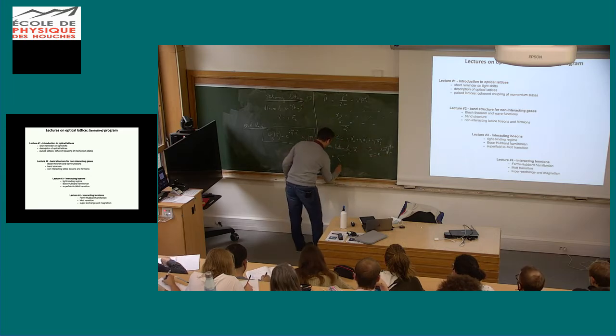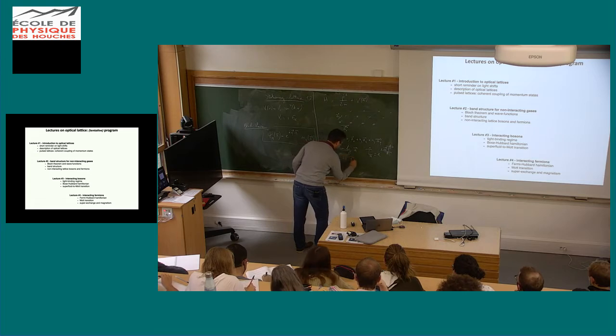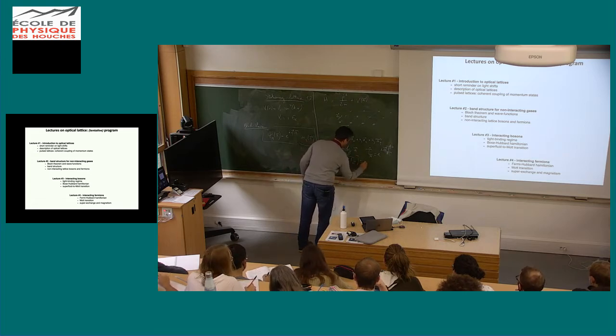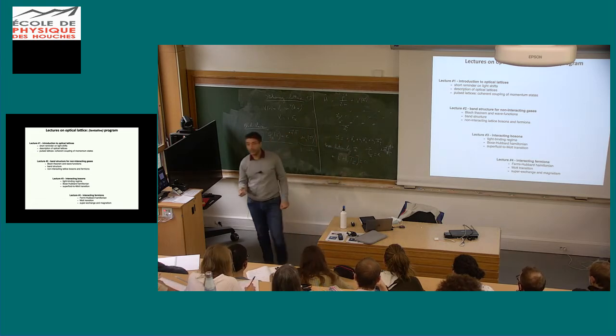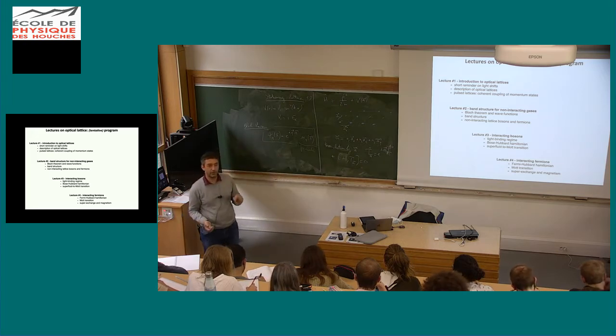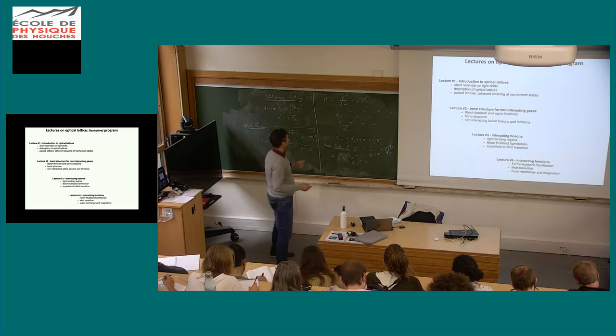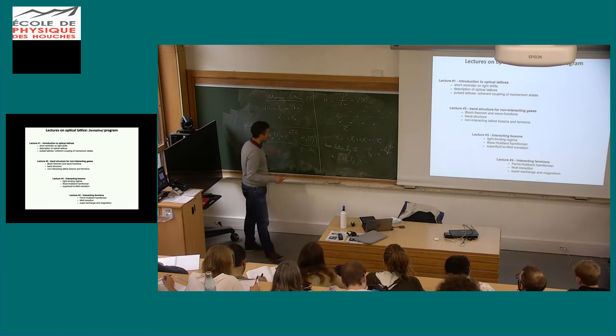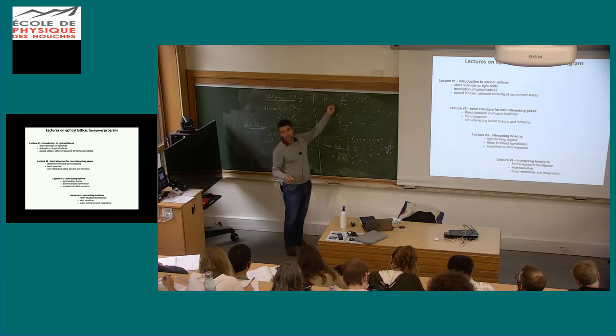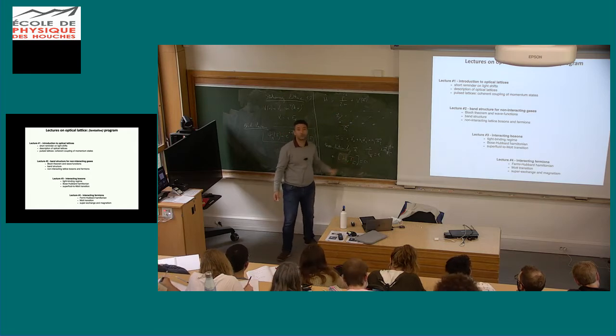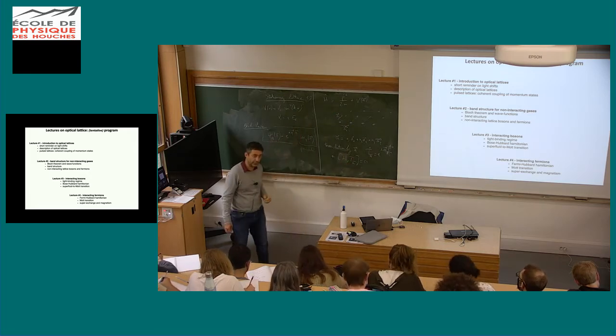So this means that it commutes with the Hamiltonian. So what we'll be doing is looking for eigenfunctions psi, which are of course eigenfunctions of H, because this is what we want to solve, but they are also eigenfunctions of this translation operator.